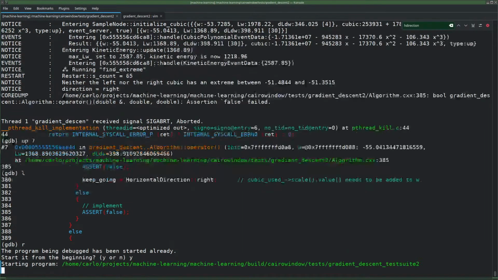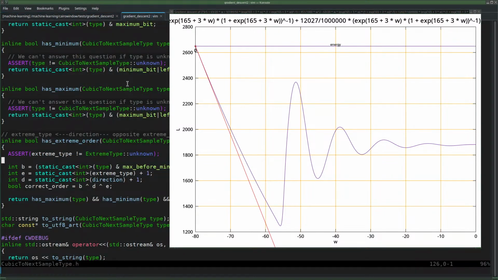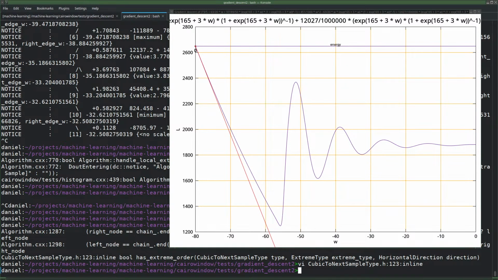So I'm going to rerun this again. I just quit it. I think I didn't edit it from here. It just was edited in the other window.